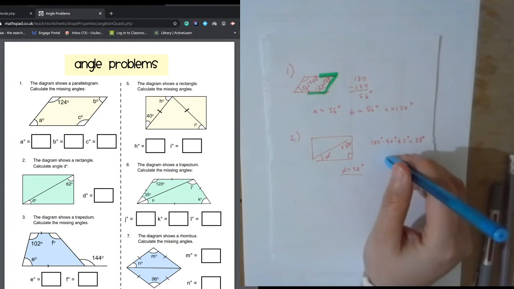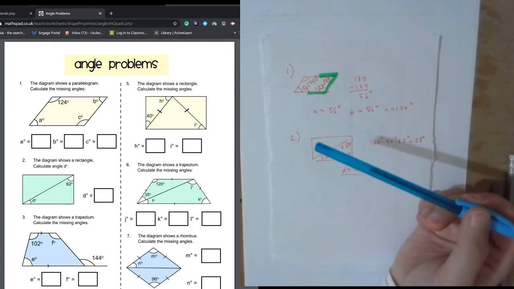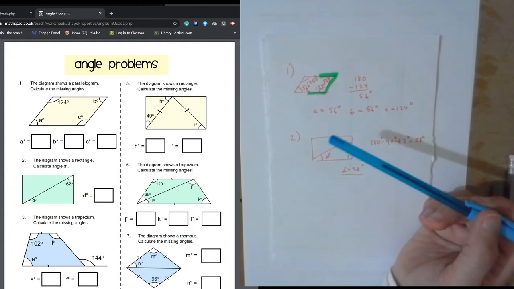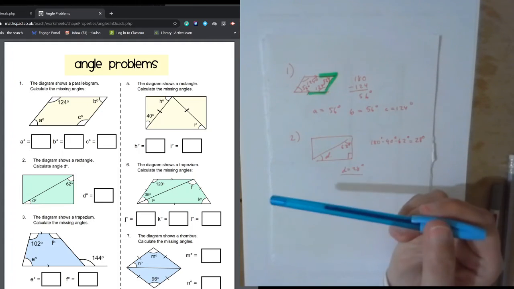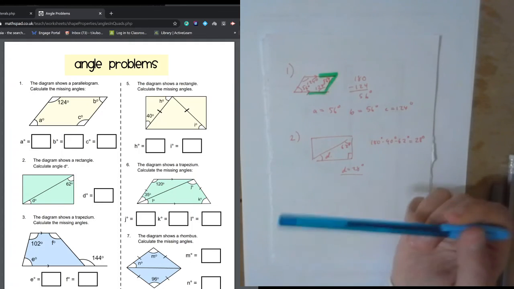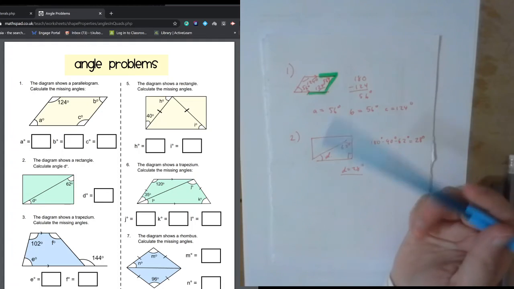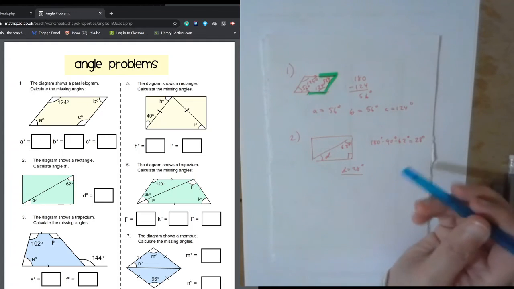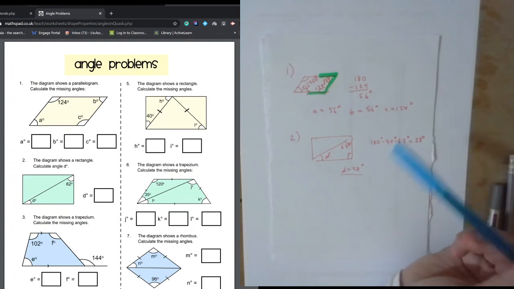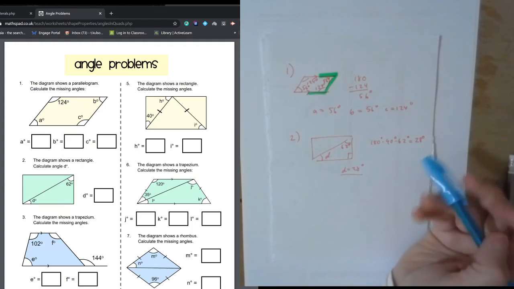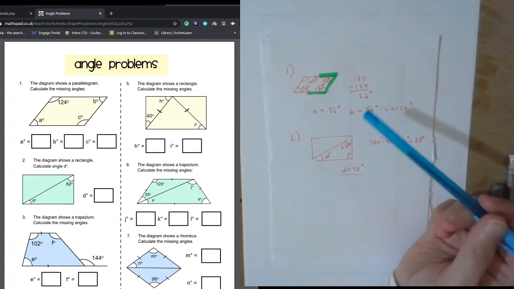In regards to the White Rose ones, if you are looking into completing the challenge work, just make sure you're comfortable with questions 7, 8, 9. And as long as you're comfortable with them, just move on to the challenge questions. It should be fine. And I will release the answers before the end of the lesson as well.